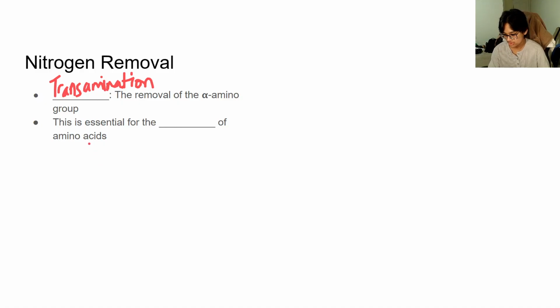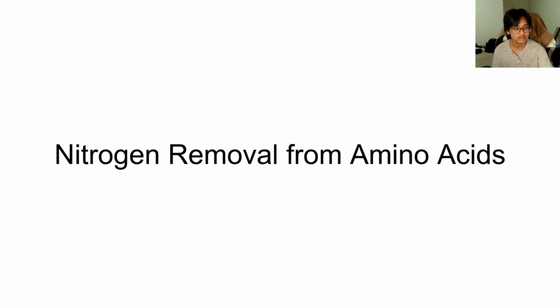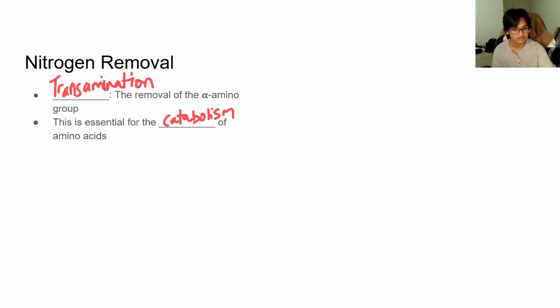So that's removing the alpha amino group. That's essential for the catabolism. That's what we were just talking about. Oh wait, no, this is the subgroup. My bad. The catabolism of amino acids.